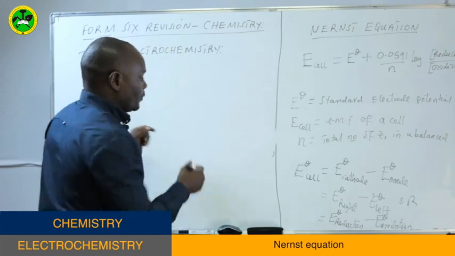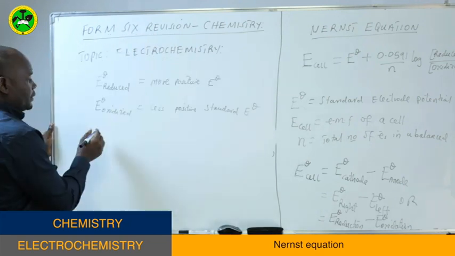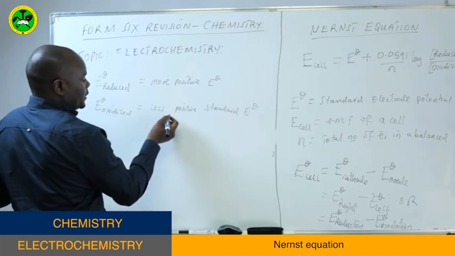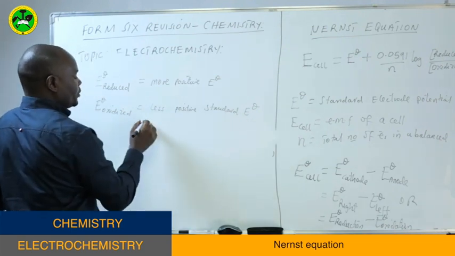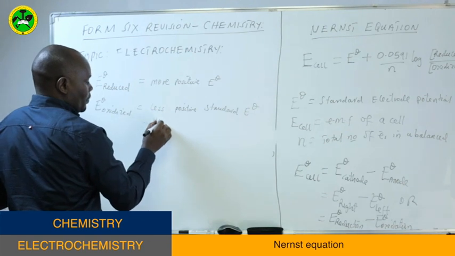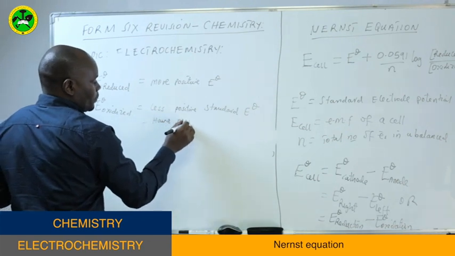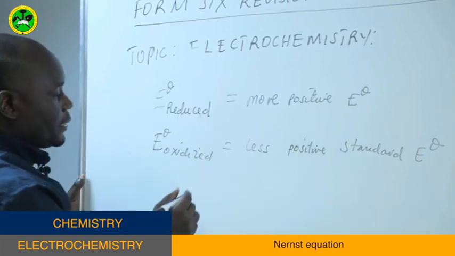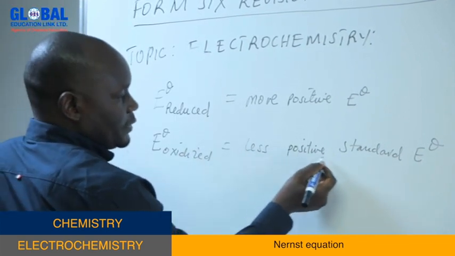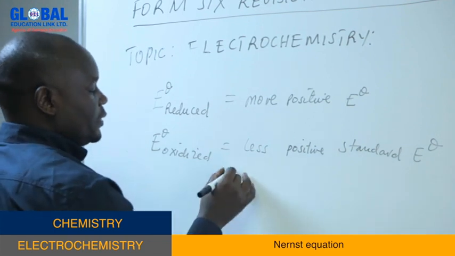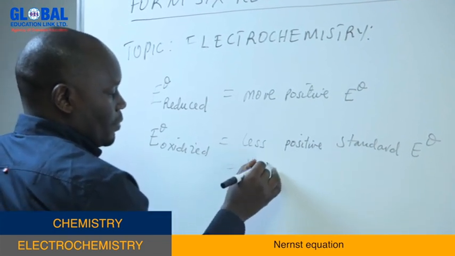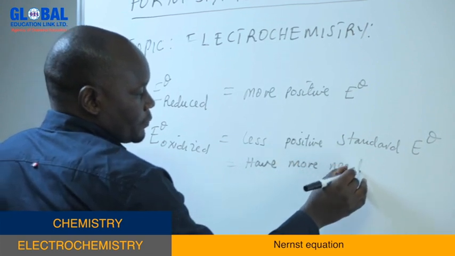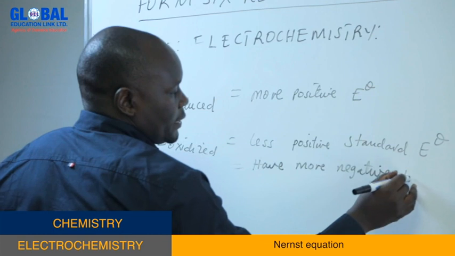So from there, it means that if it has less positive standard electrode potential, it has more negative standard electrode potential, and this one has less negative standard electrode potential.